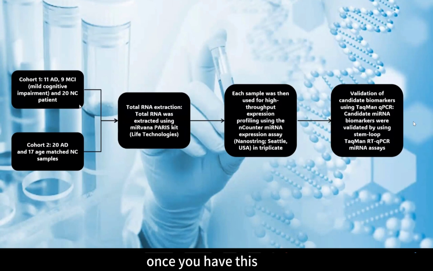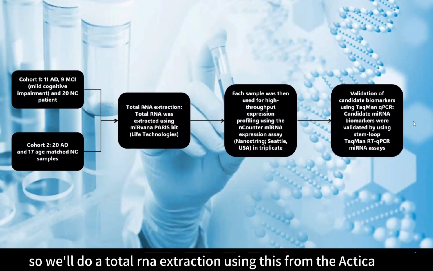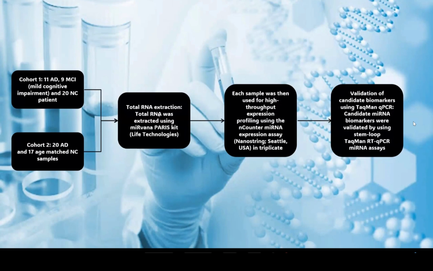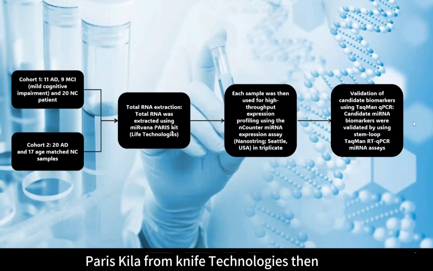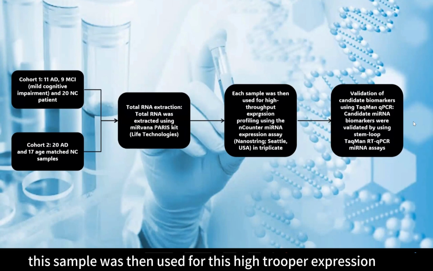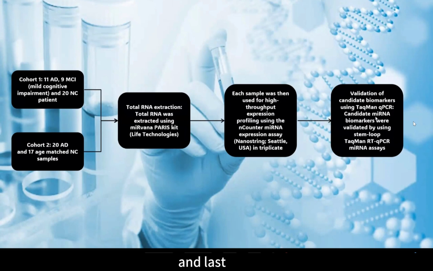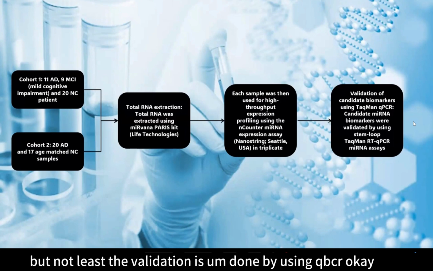Once we have these people, we get the blood serum from them and do a total RNA extraction. From the article itself, it used the mirVana PARIS kit from Life Technologies. This sample was then used for high throughput expression using the nCounter microRNA expression assay by NanoString in triplicate. Last but not least, the validation is done using qPCR.